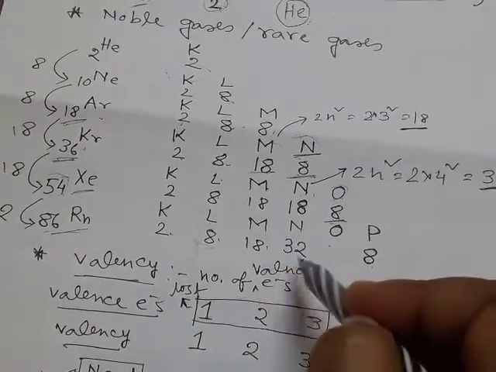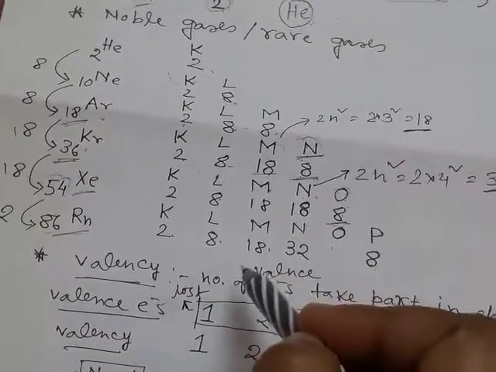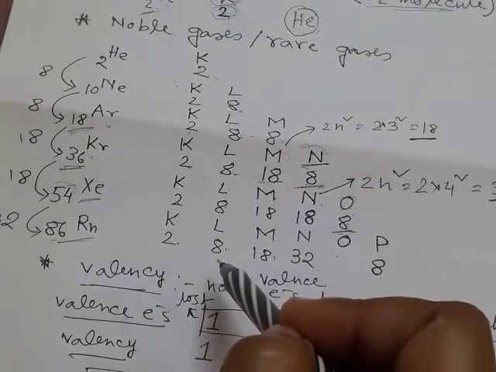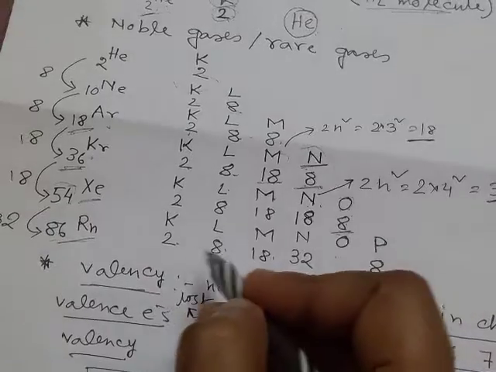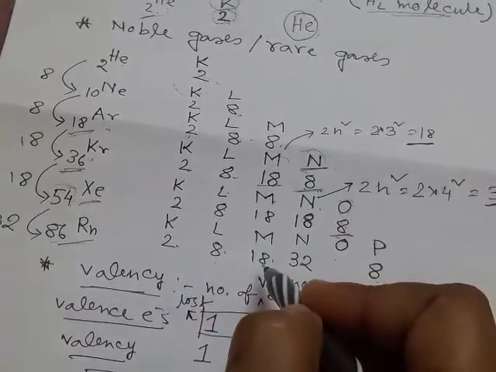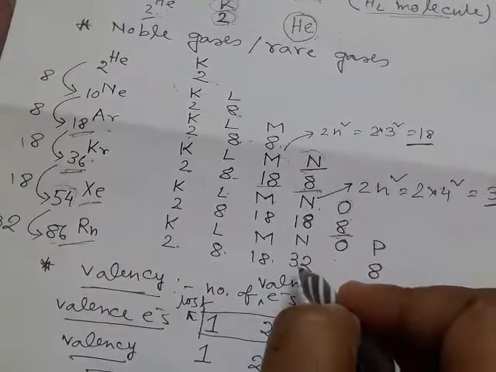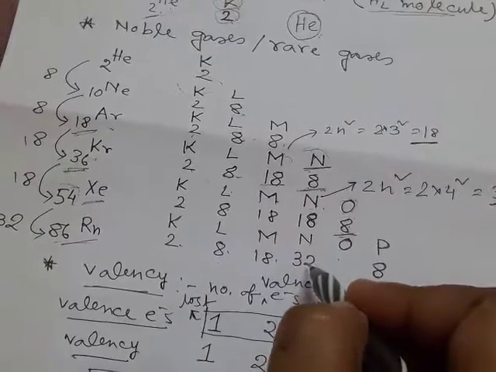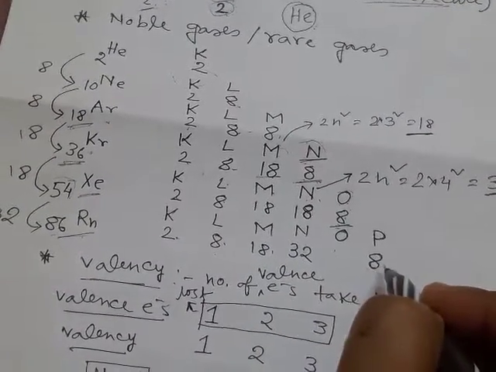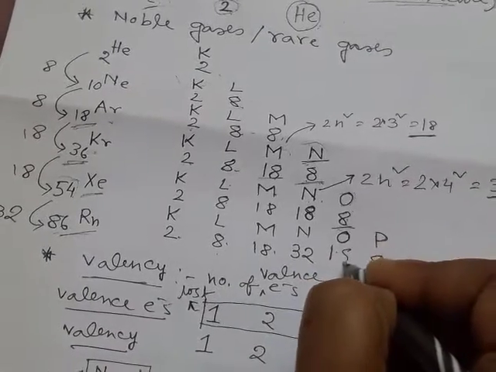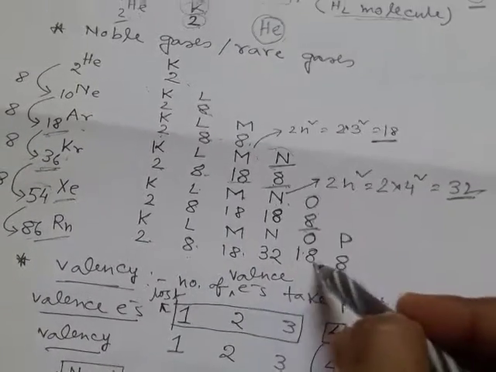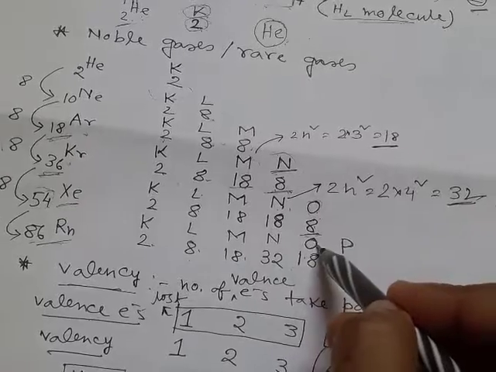Then the rest number of electrons you can calculate, that is 2 plus 8 is 10, 10 plus 18 is 28, plus 32 is 60, plus 8 is 68. So 86 minus 68, that means 18 electrons. So 18 electrons will be present at the O shell.